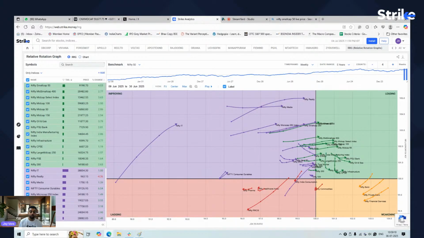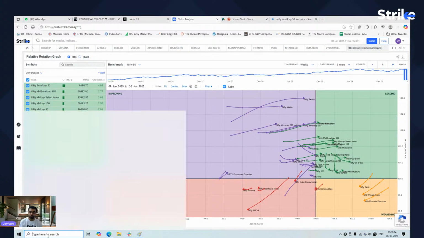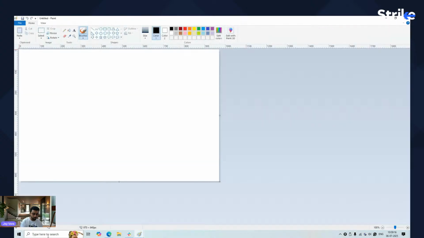So now the second main thing comes to what are the signals that you want to look out for, and this is actually very interesting. Please pay attention to it because this will help you to scan the stocks very, very quickly and know where you would want to focus on.